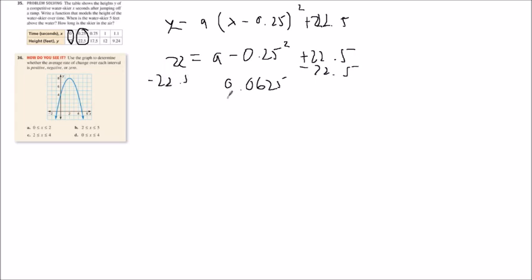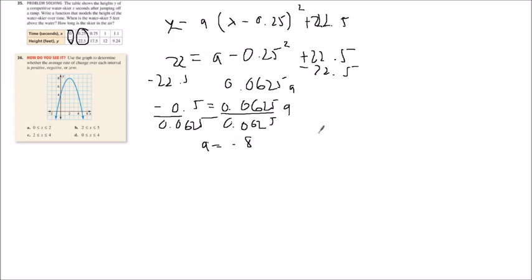We get negative 0.5 is equal to 0.0625 times a, so divide by 0.0625 on both sides. You will get a is equal to negative 8. So then our equation is y equals negative 8 times (x minus 0.25) squared plus 22.5.